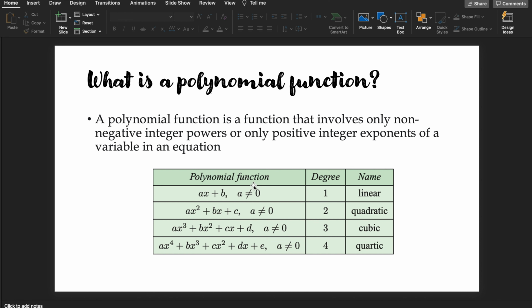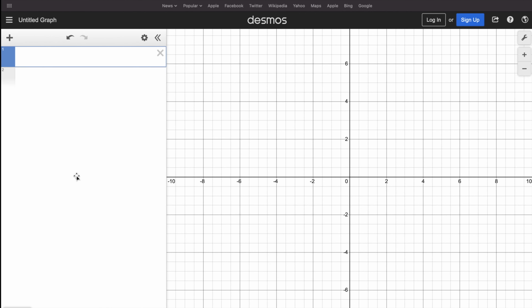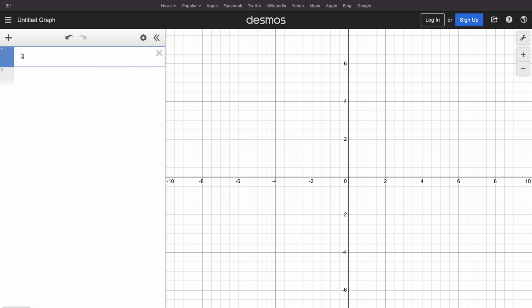So let us graph any linear function. Let's take 3x plus 4. This is a linear function, and the gradient throughout the whole function would be the same. So it's a straight line graph with gradient 3 and y-intercept 4.